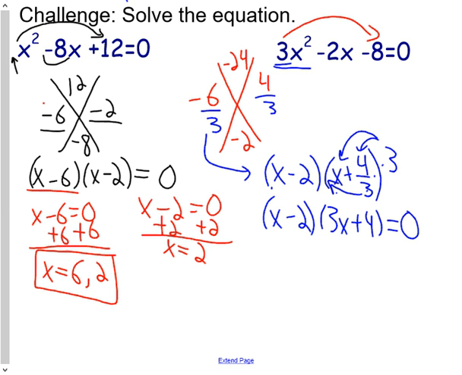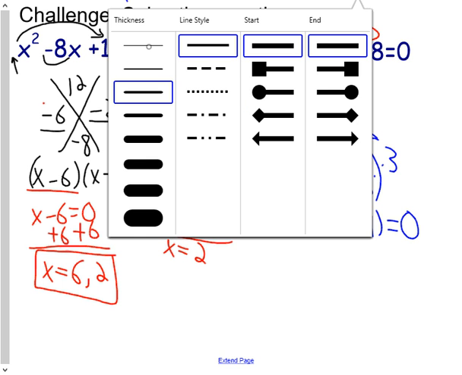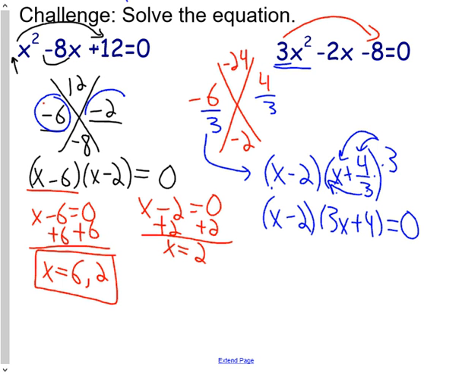And now again, look closely at where our answers are and how they compare with what we had in our diamond, even over here in blue. Minus 6, minus 2, and our answers were plus 6, plus 2. Our numbers here were minus 2, 4/3. Solving x minus 2 equals 0, x equals plus 2.